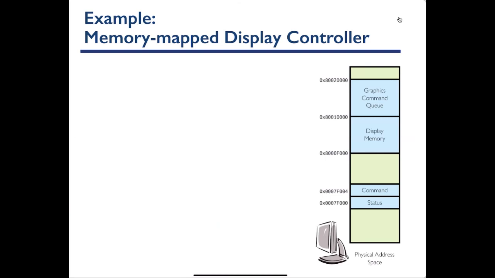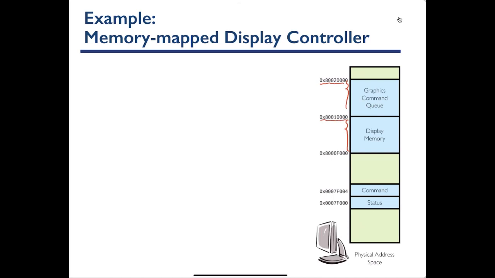Here is an example. Let's put everything that we have seen together. We're looking at a display, assuming that it has a command buffer and a data buffer. These are hardware storages on the device, on the display, and during the setup, we have mapped them to these ranges of memory addresses.